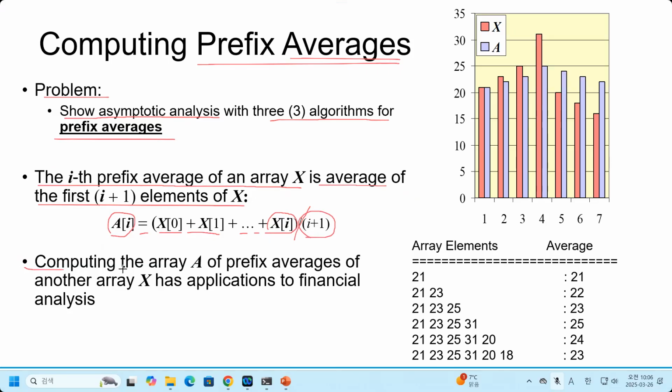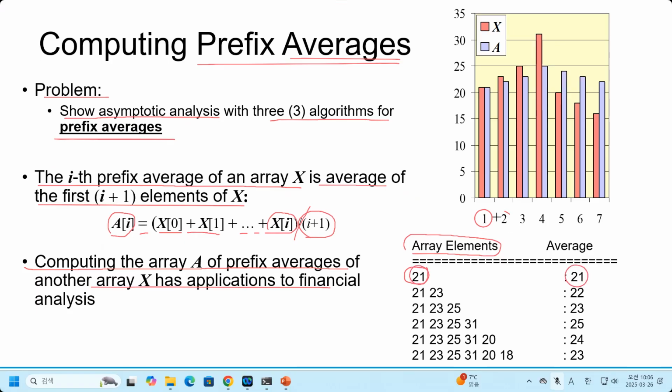We want to compute the array A of prefix averages of another array X. This application is in financial analysis. For example, let's say this is the array. At the first time point, the element is 21, so the average is 21.